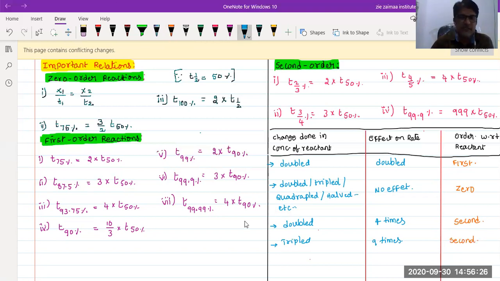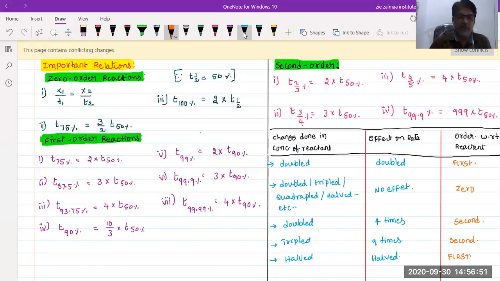Next, if it is halved, and the effect on rate is also halved, then it will be first order.